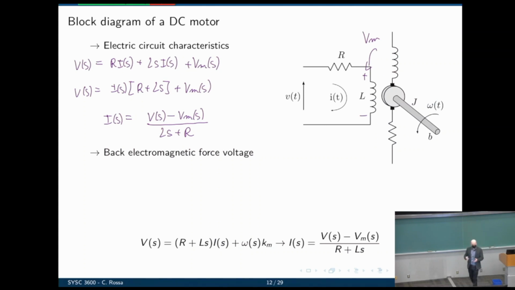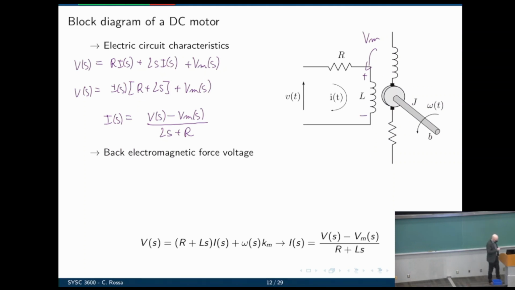Now we need to somehow link the electrical and the mechanical part. And the first relation that you can establish there is to make the observation that when a magnet moves, when you have a changing magnetic field in a conductor, that creates a voltage. The faster you move that magnet, the higher the voltage is.